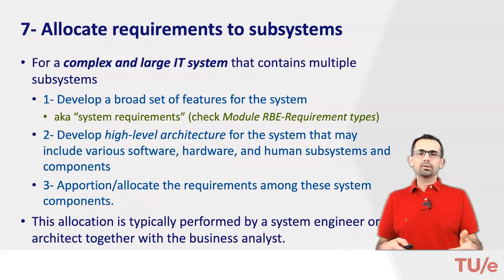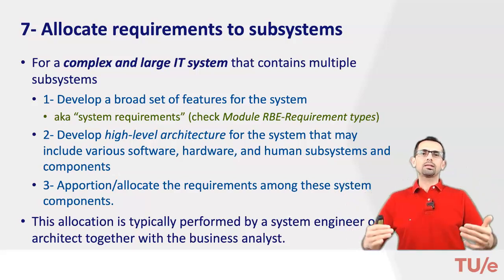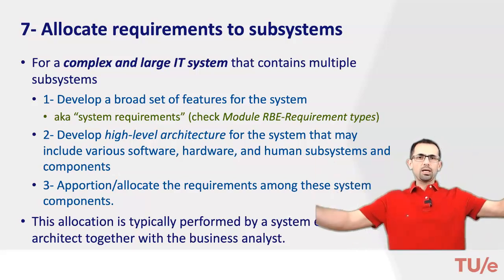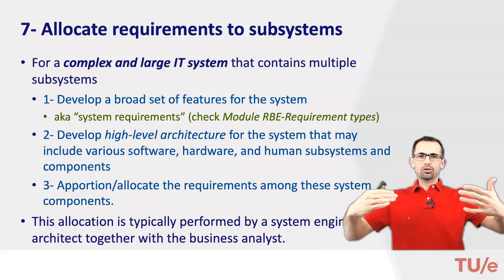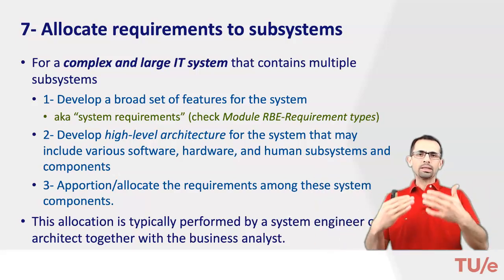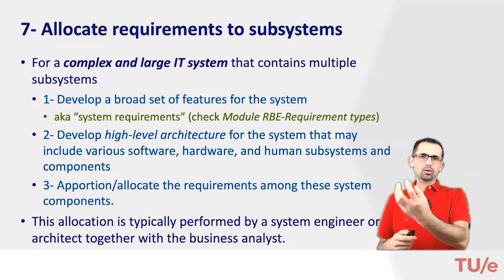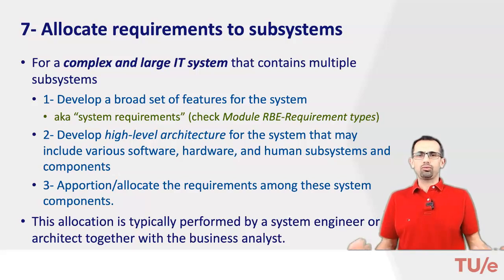You have to start with elicitation anyway, but for the requirements analysis, you first have to have a broad, high level understanding of what the system is in general, what big chunks of components it has, and what you would expect from these big components of your system to do.